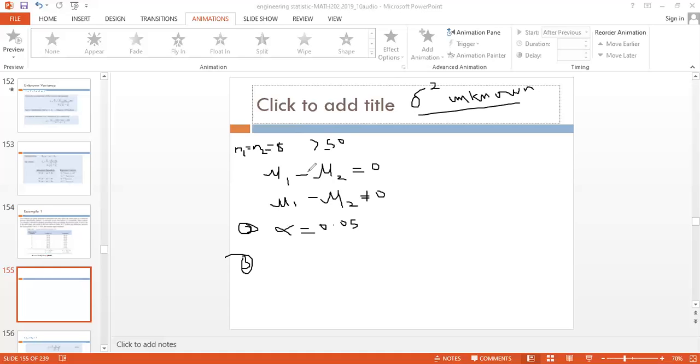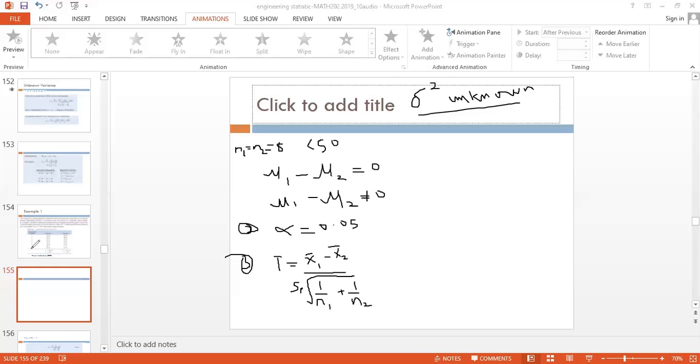So we fall on the student t distribution, which is x1 bar minus x2 bar, over Sp times the square root of 1 over n1 plus 1 over n2. And we've been given the means.